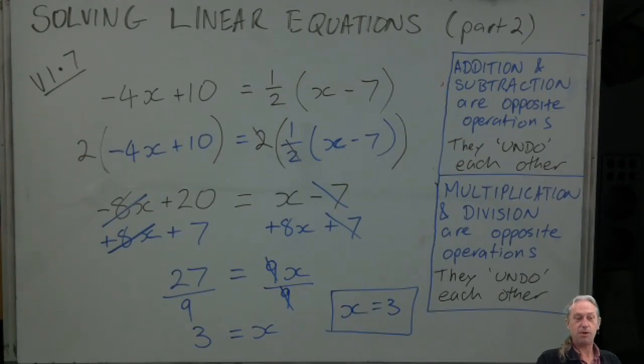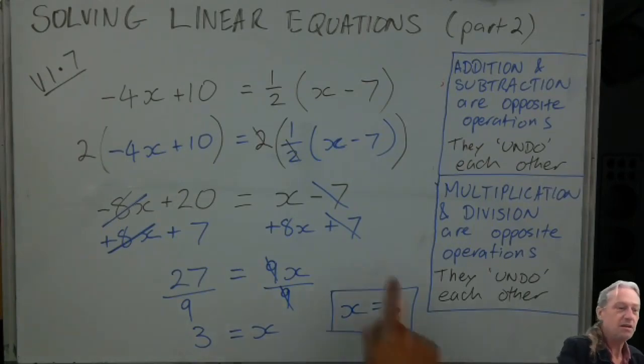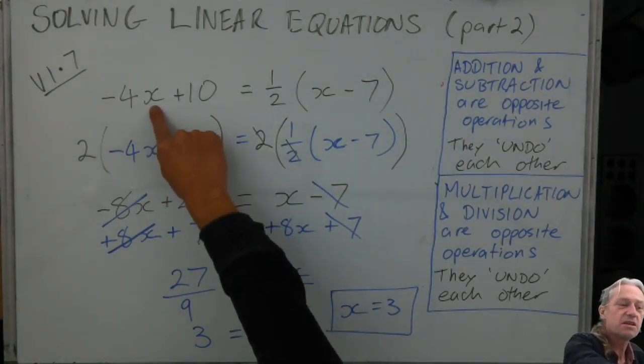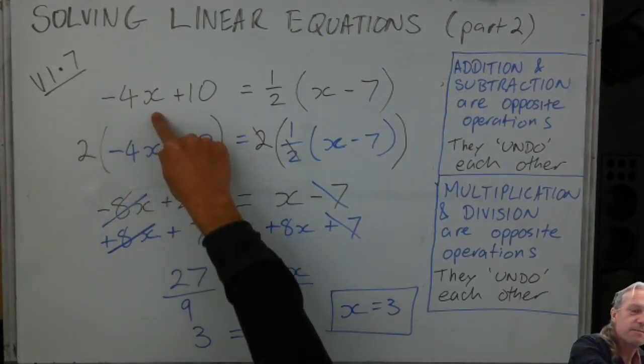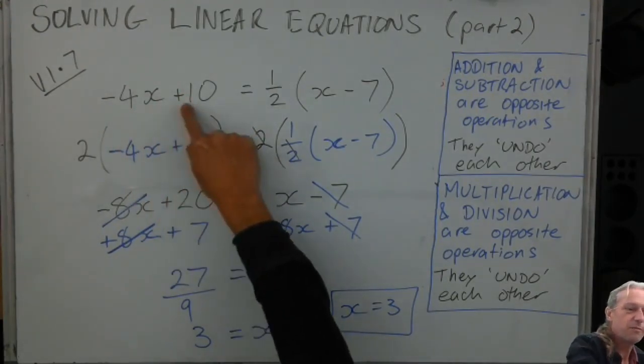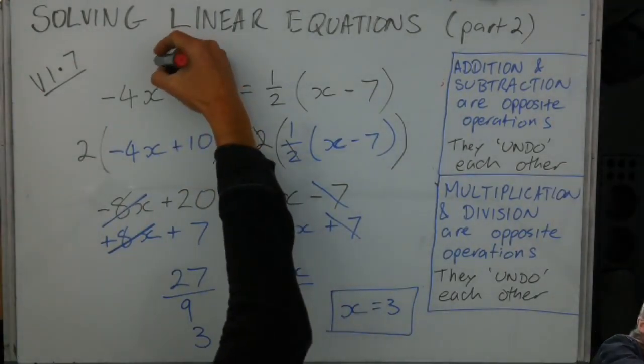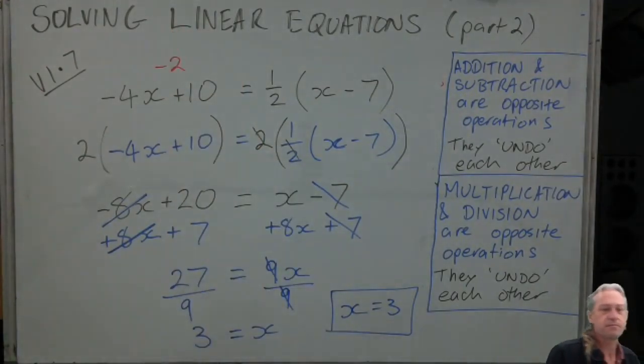And like we did before, we'll substitute x equals 3 into both sides of our equation and just see what each side equals. So we'd have 3 times negative 4 is 3 4s are 12, but it's going to be negative. And negative 12 plus 10 is negative 2.